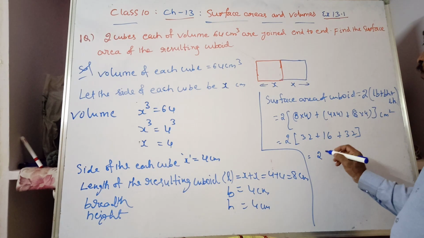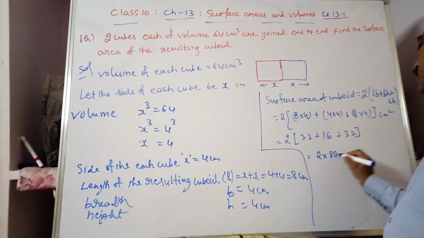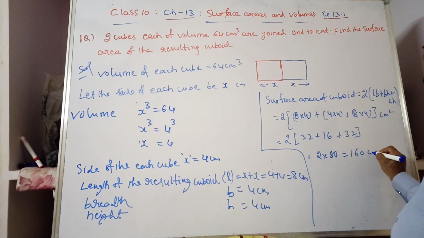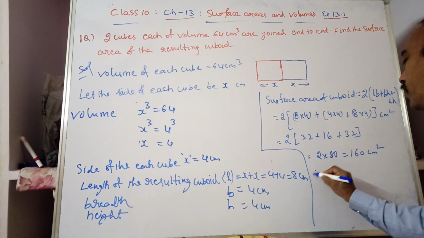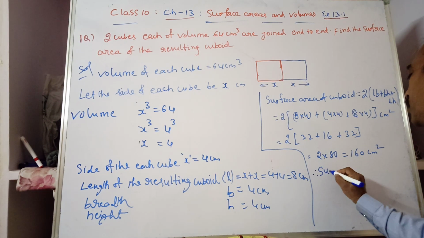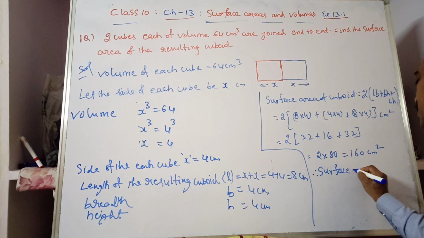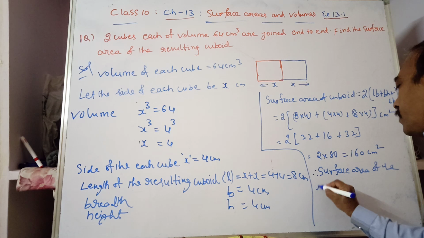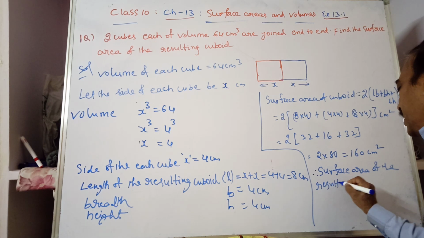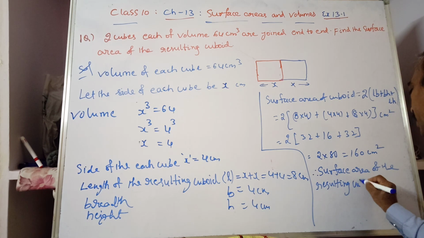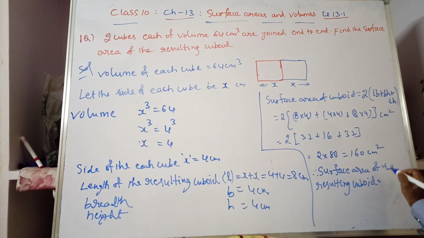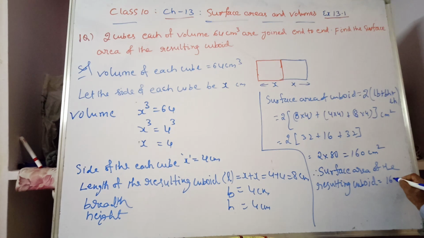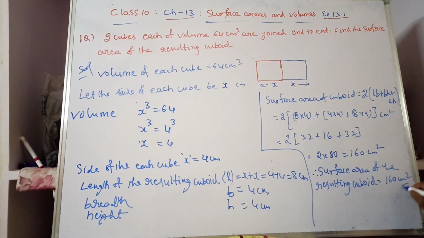So 2 into 80 is 160 centimeter square. Therefore, the surface area of the resulting cuboid is 160 centimeter square.